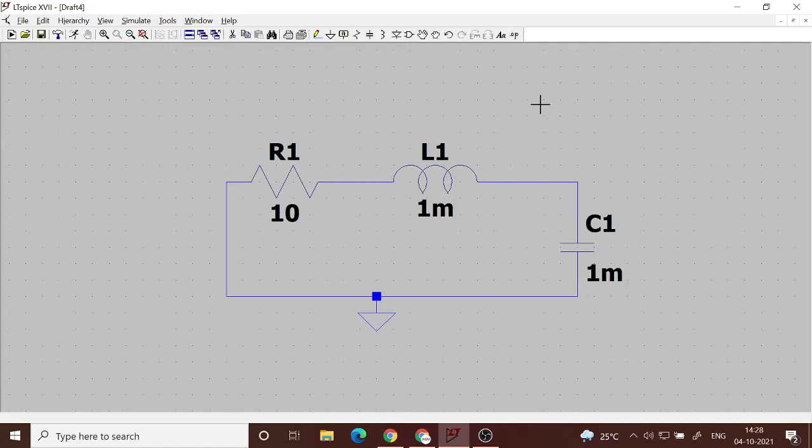Since it's a second order system, it is characterized by two parameters. One is basically the undamped natural frequency, which is 1 by root LC, which I think we evaluated earlier. 1 by root LC is omega, and omega is around 1 kilo. If I divide it by 6.28, it is something like 159, right?